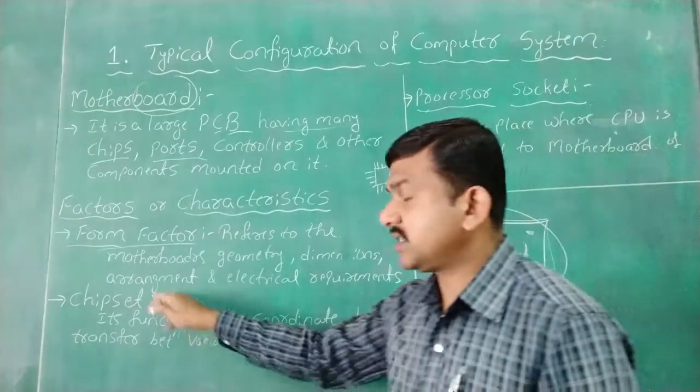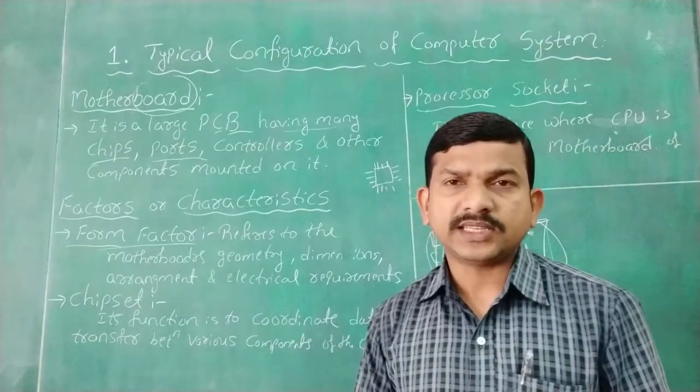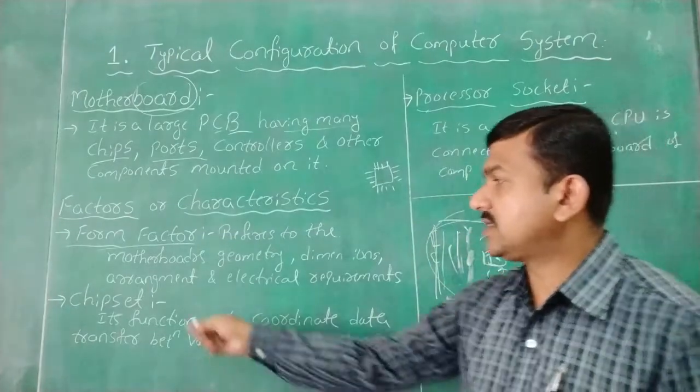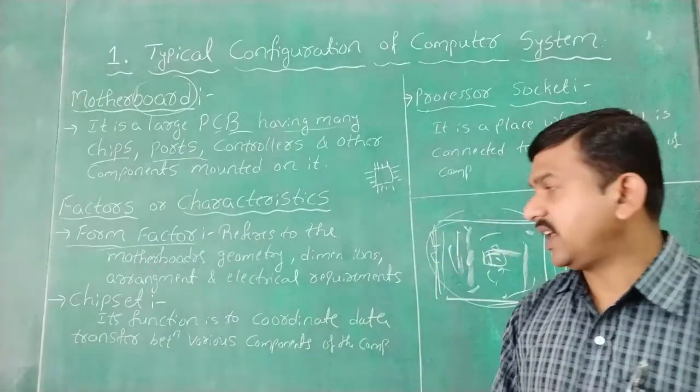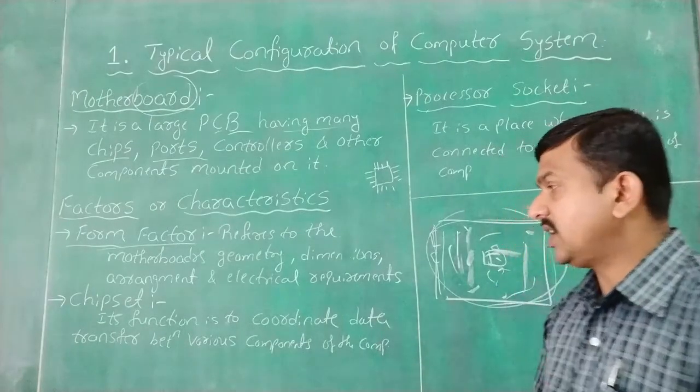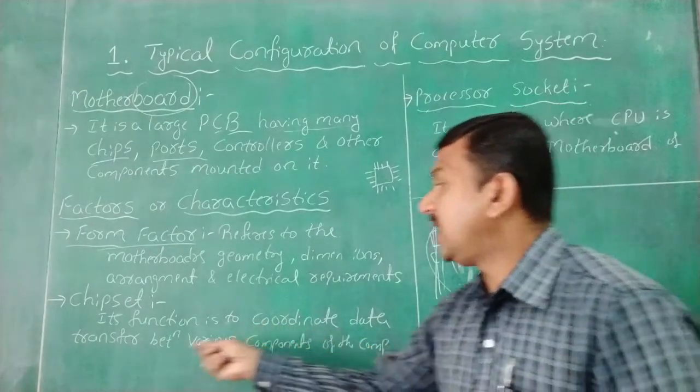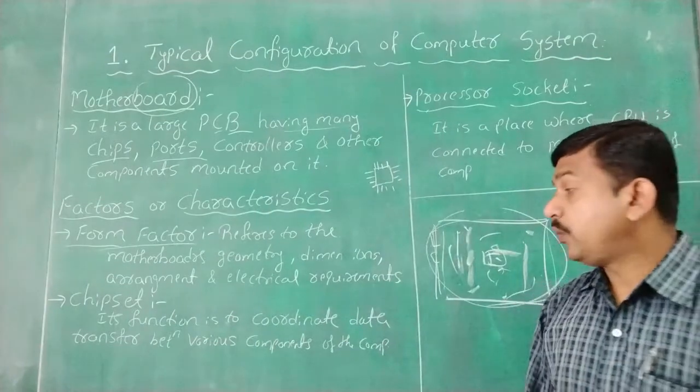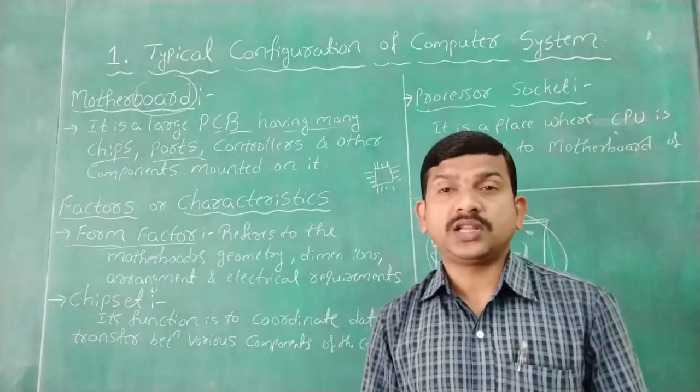The second one is chipset. What does this chipset do? Its function is to coordinate. The main function of the chipset is to coordinate data transfer between various components of the computer system.